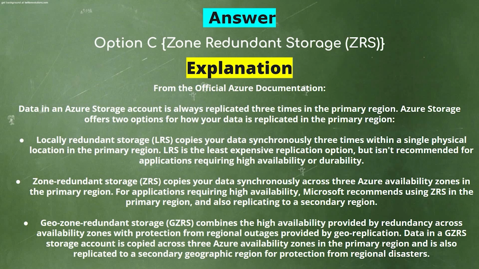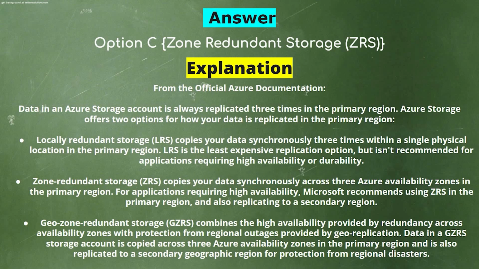LRS is the least expensive replication option, but isn't recommended for applications requiring high availability or durability. Number 2. Zone redundant storage copies your data synchronously across 3 Azure availability zones in the primary region. For applications requiring high availability, Microsoft recommends using ZRS in the primary region and also replicating to a secondary region.